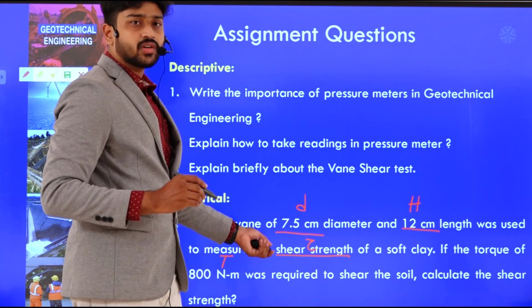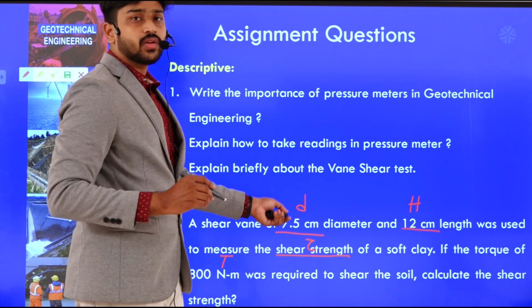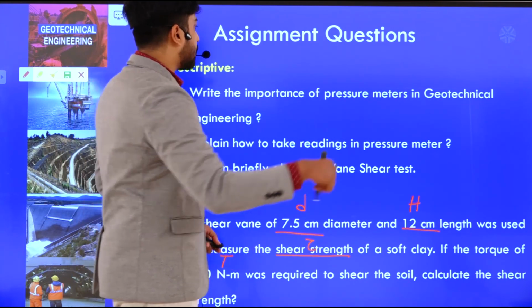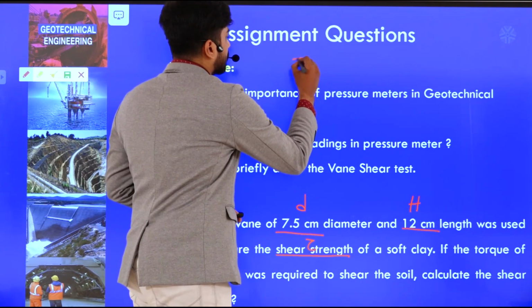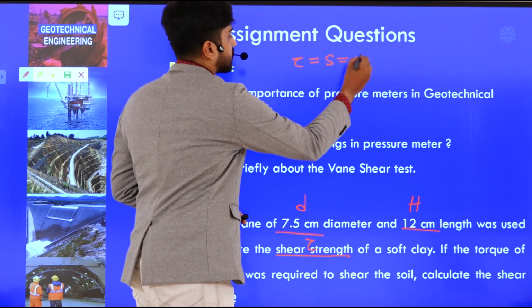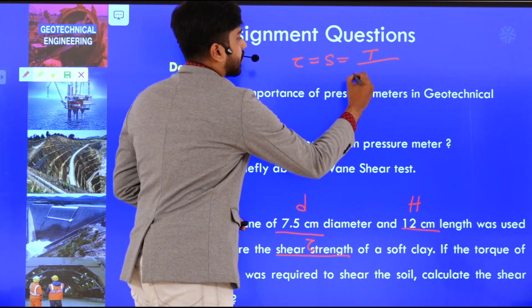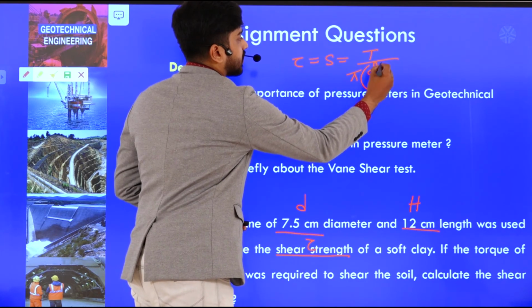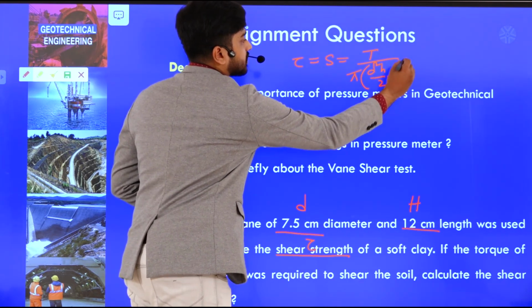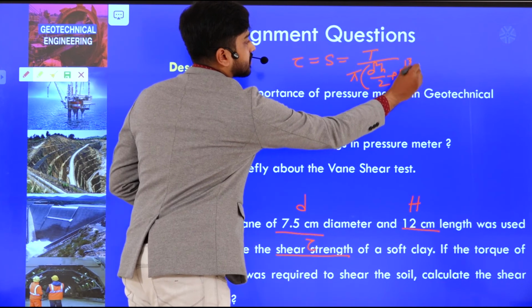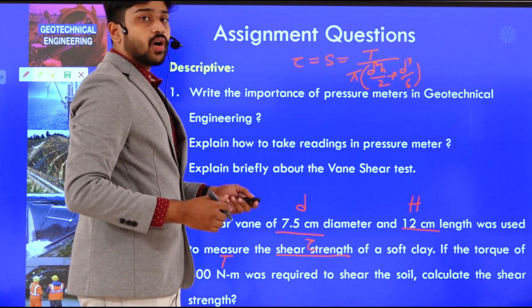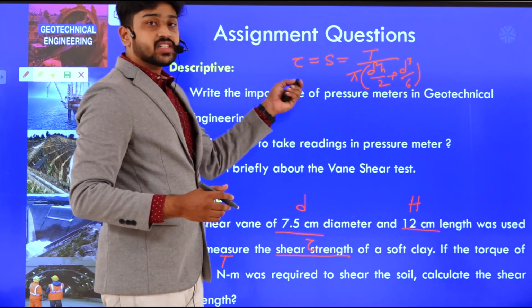So we need to find tau, simply using the formula. We know the formula is tau or S equals T by pi into (d square h by 2 plus d cube by 6). From this you can clearly obtain the shear strength value.